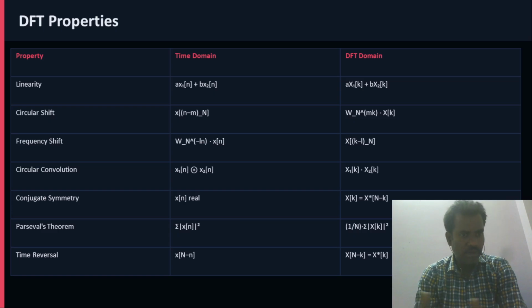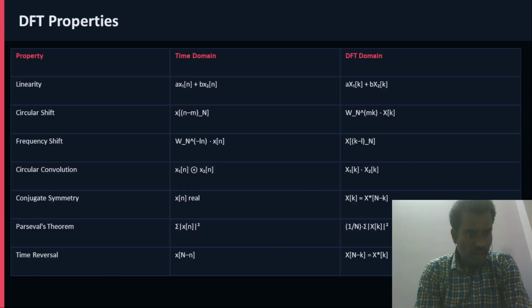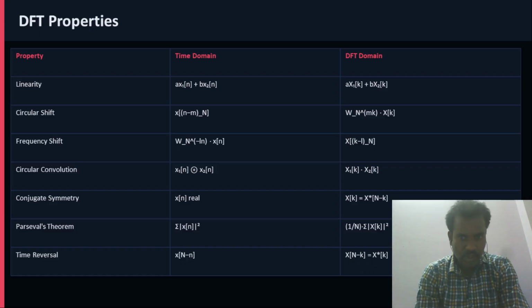As we have a convolution in the linear scale, if it is an aperiodic signal, we can represent it as a linear convolution. As two periodic signals are convolved, it is called circular convolution. And then conjugate symmetry. The symmetric property of DFT is very useful to reduce the number of computations.